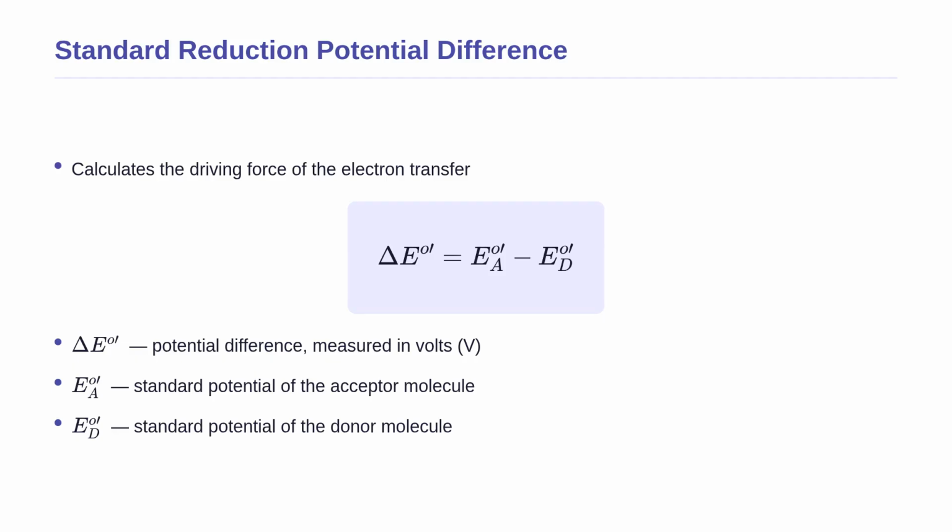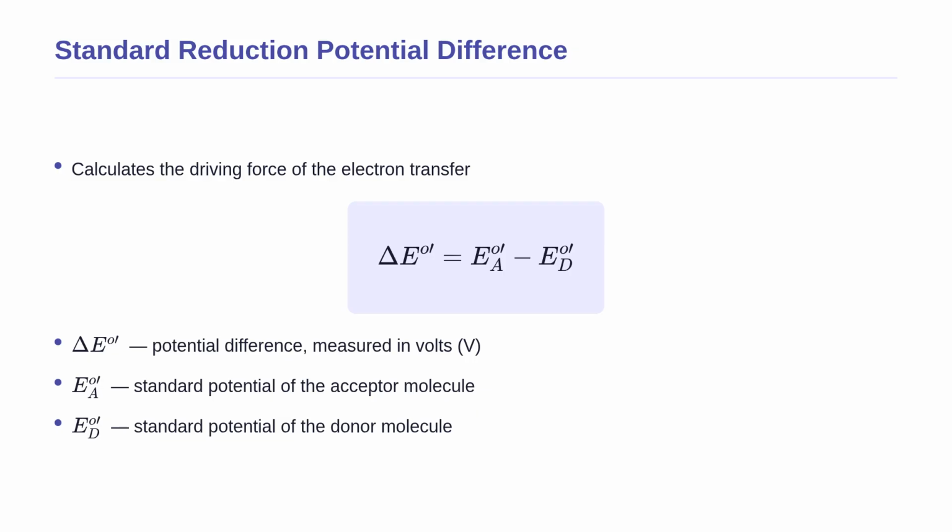Now that we understand the biological importance, let us look at the math that governs this flow of energy. This first formula calculates the standard reduction potential difference, denoted by delta E0 prime. Conceptually, this tells us how strongly electrons want to flow from one molecule to another.